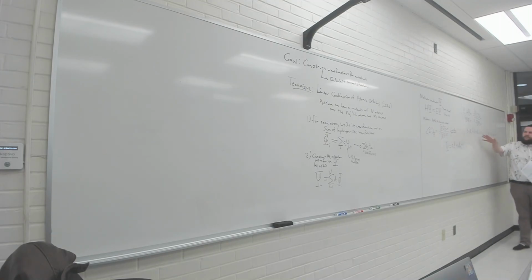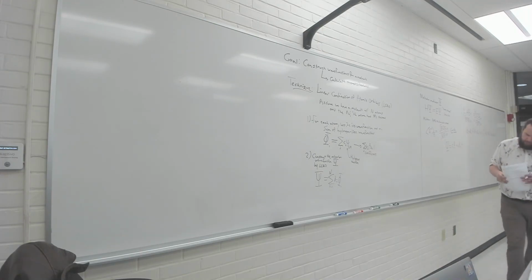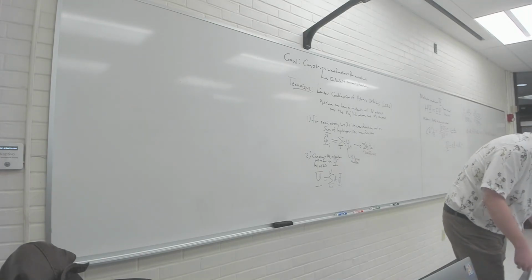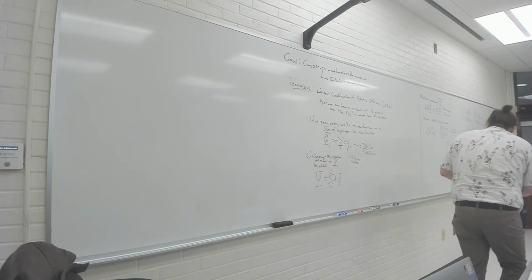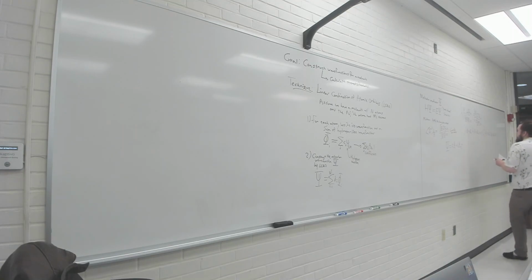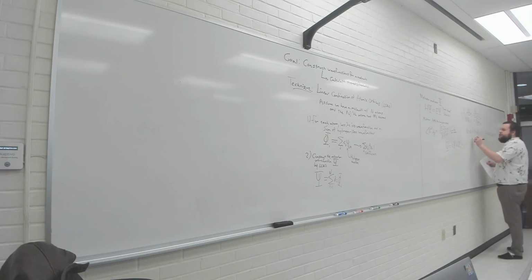So we can FOIL this out. Right? We can FOIL it out. And what we're going to find is that there are going to be some terms proportional to the integral of theta 1, theta 1.